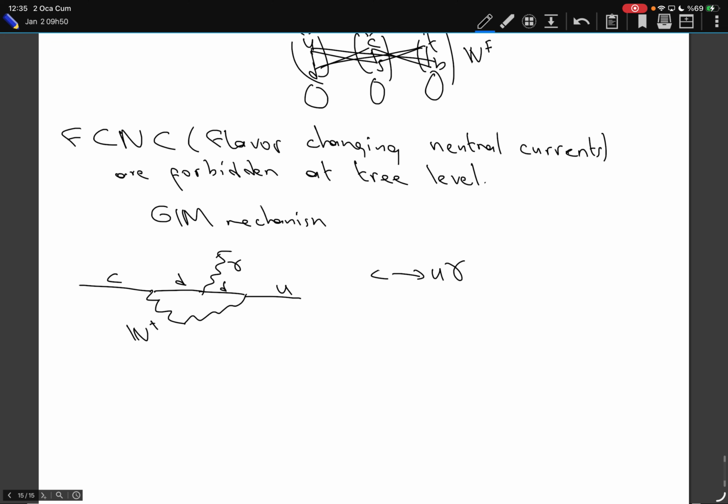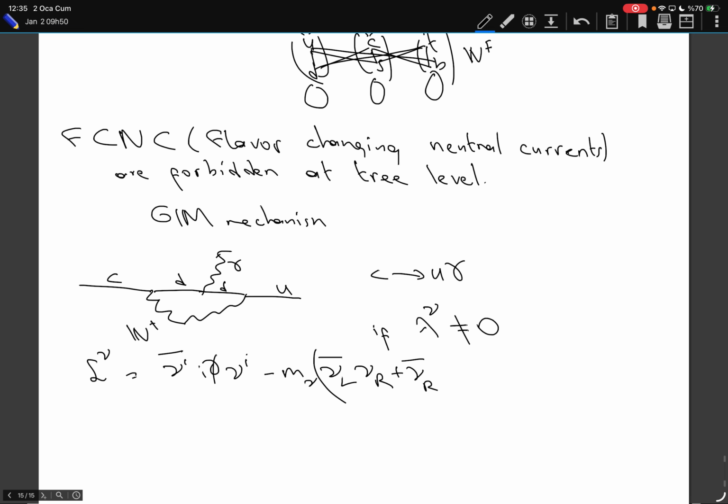And if you do that, what you will obtain is, if you look at the neutrinos, we have the mass eigenstates, let me call them I. There are these terms. If this is not zero, we will get this term.